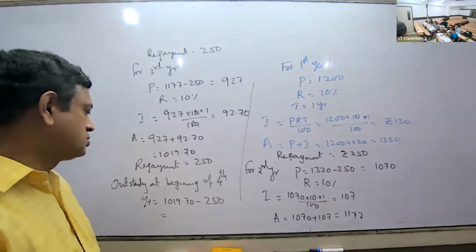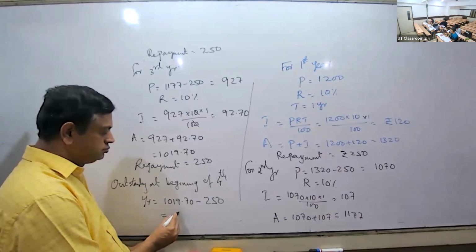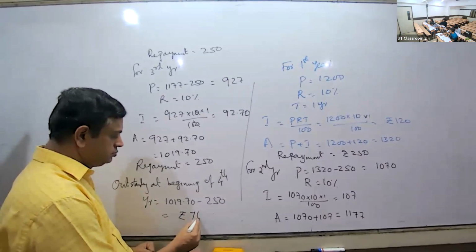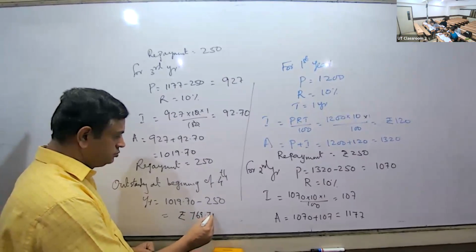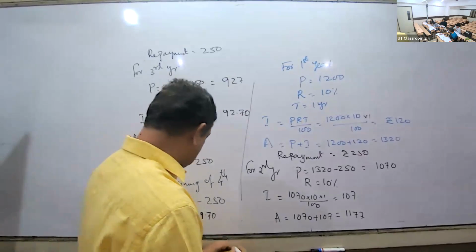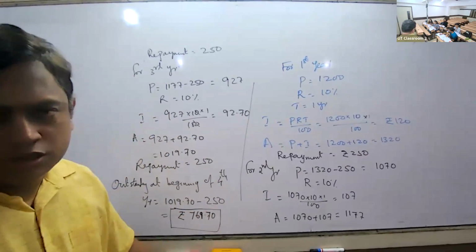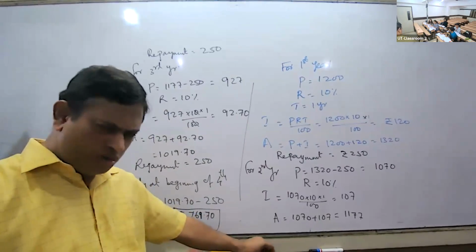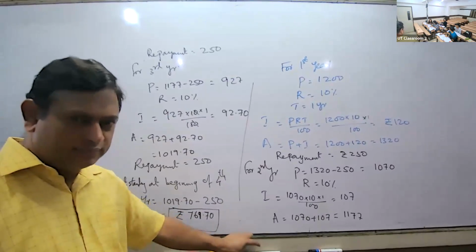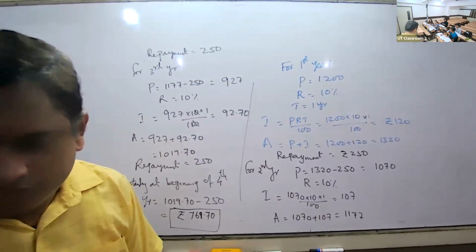Subtract. 769.70. Followed? Not difficult.